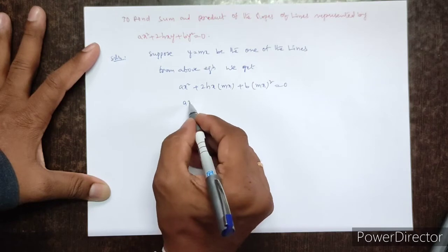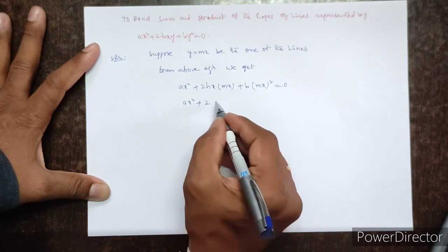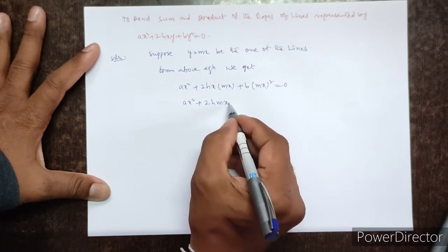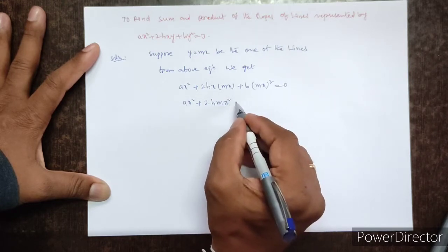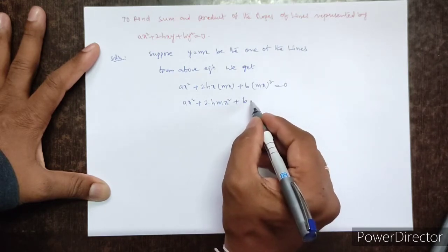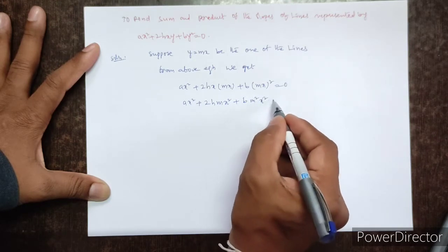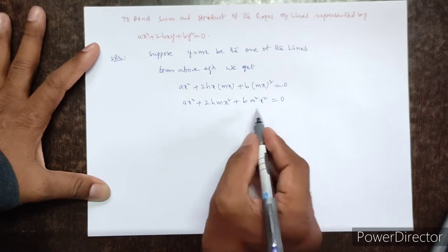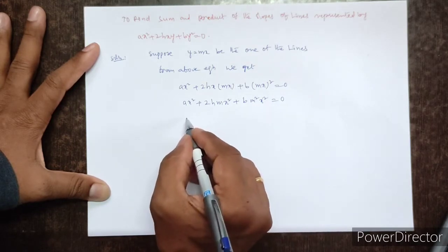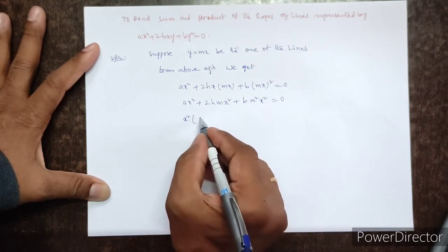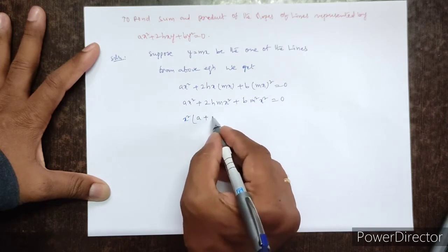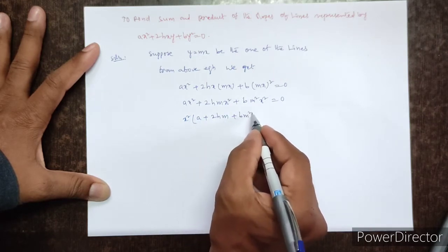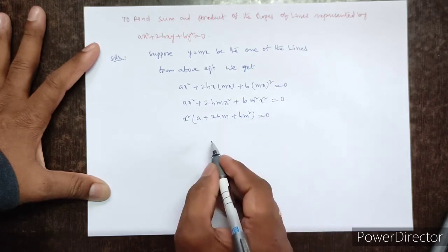So this is ax square plus 2hm x square plus bm square x square equal to 0. Okay, in all terms x square is common, no? So take x square common. (a plus 2hm plus bm square) equal to 0.